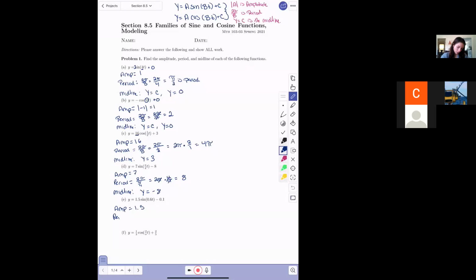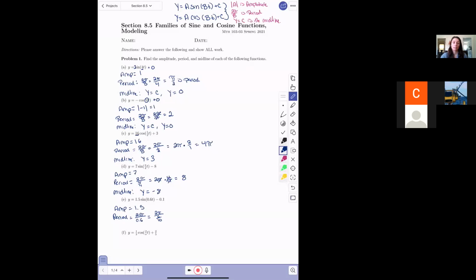We have the period, which is equal to 2 pi divided by what? B, which would be 0.6. Good. 0.6. And this is equal to 2 pi divided by 6 over 10, right?